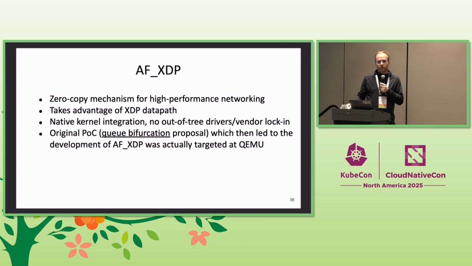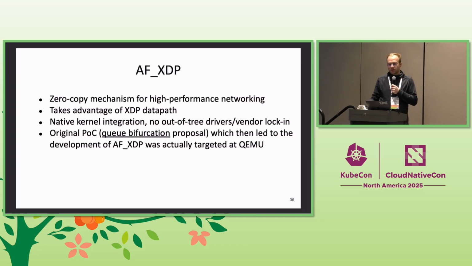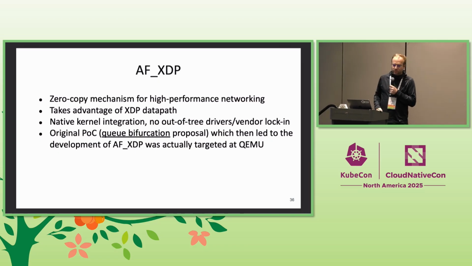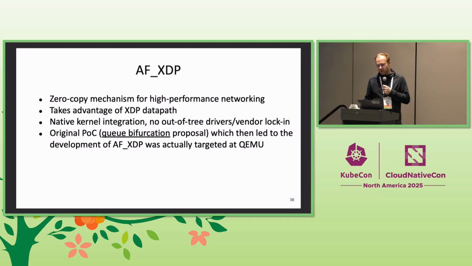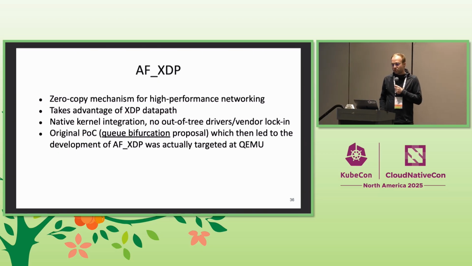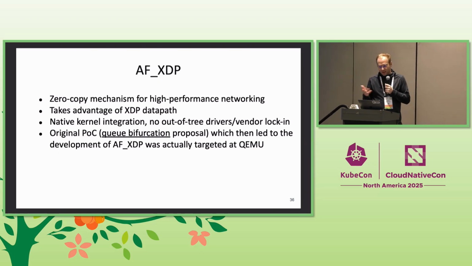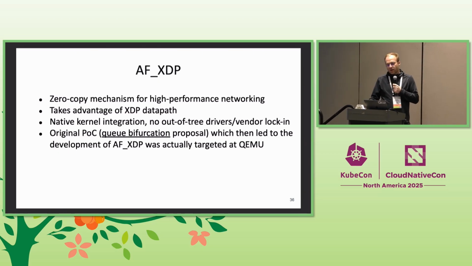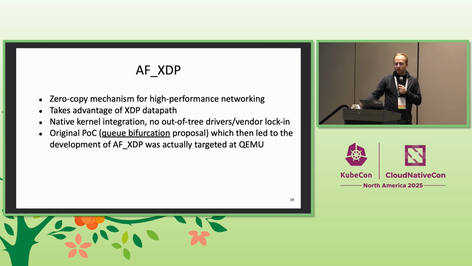But then the kernel community rejected that because of concerns that you're exposing the hardware directly to user space, and this is not something the kernel typically does, also in order to protect the user from doing something bad. And then this whole thing led to the development of AF_XDP.